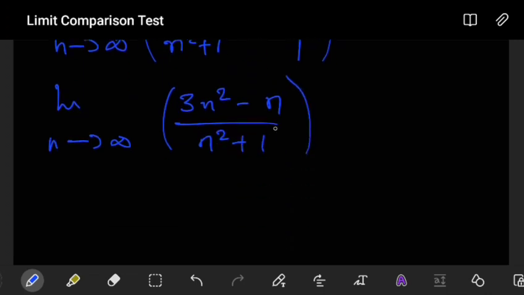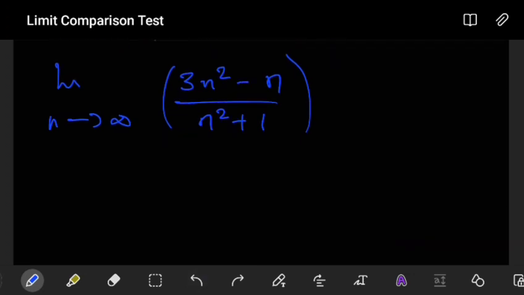And then from here, all we have to do now is evaluate this limit. The two ways you can approach this, you can either use L'Hopital, since it's going to be an indeterminate limit of the nature infinity over infinity. So because of that, you can use L'Hopital here. Or you can just divide each term by the highest power in the denominator, which is n squared.